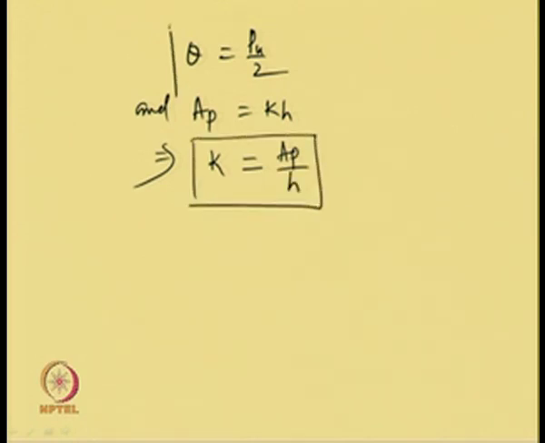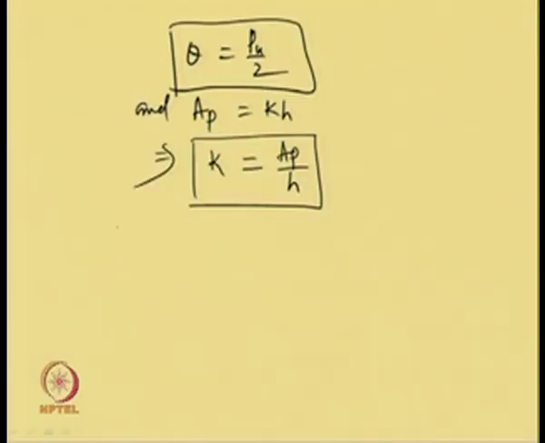Now, the steps for identifying such systems, a delayed system having gain only, can be given like this.